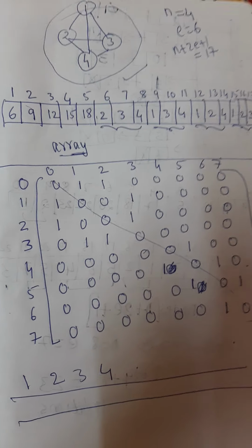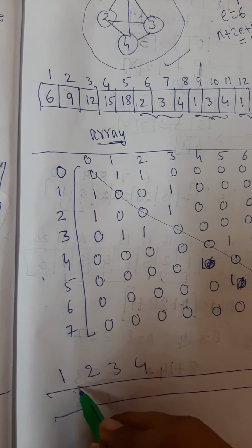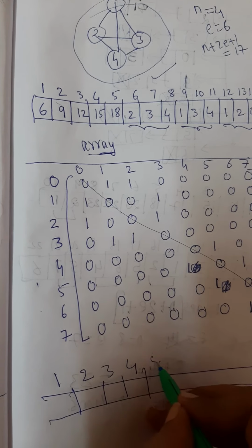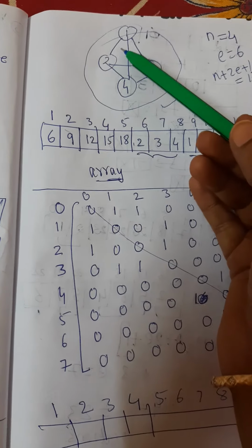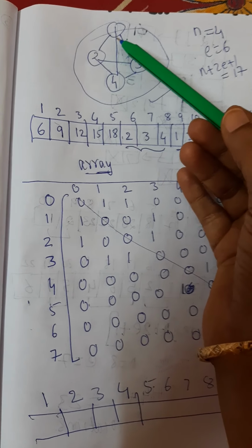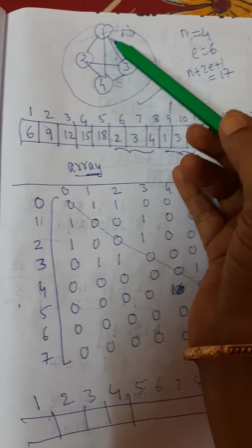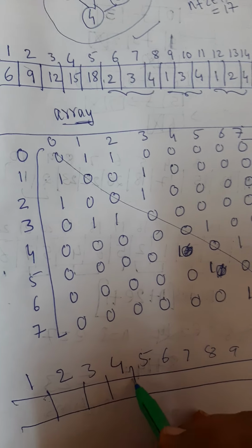Now what I'll do here is, 4 vertices I have taken. Now I'll take here 5, 6, 7, 8, 9 and so on. Now coming to 1, what are the adjacent vertices of 1? 2, 3, 4 are the adjacent vertices of 1. So that should be placed after 4.